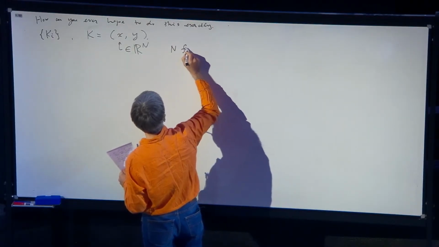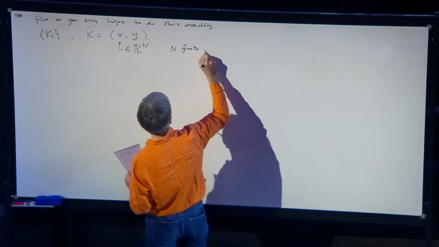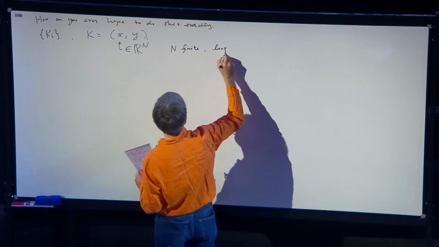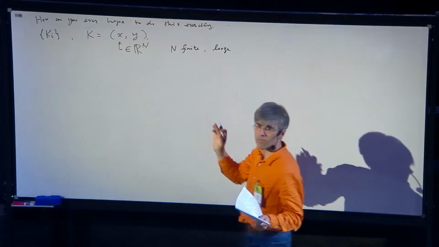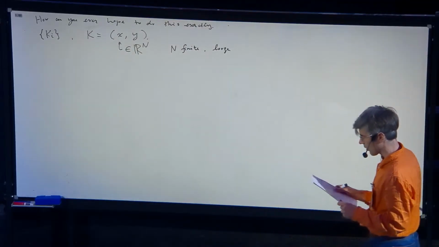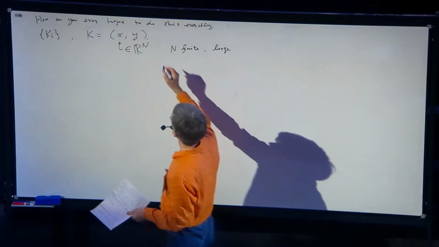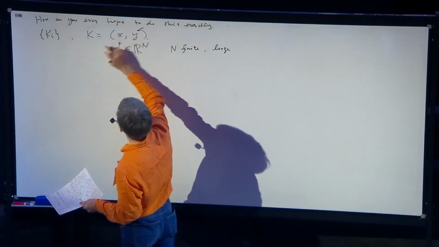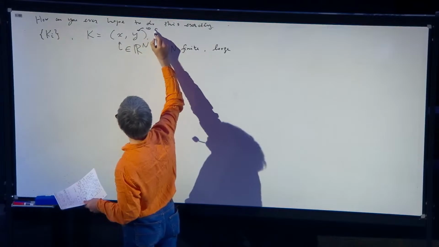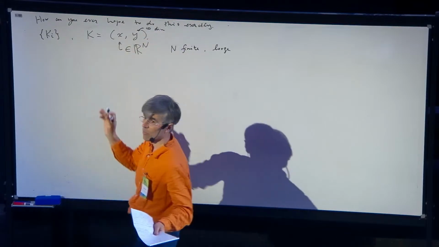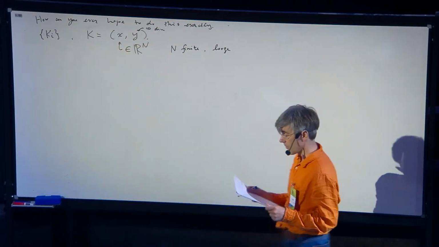Maybe n equals 100, depending on how big a computer you have. But y is infinite dimensional. k was initially infinite dimensional, because I'm including all couplings which are consistent with the symmetry.